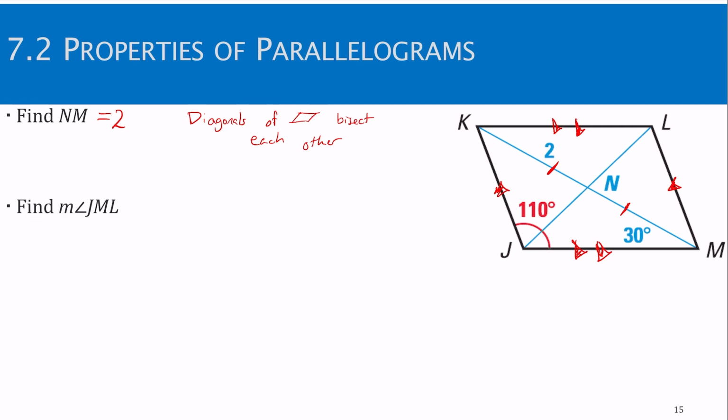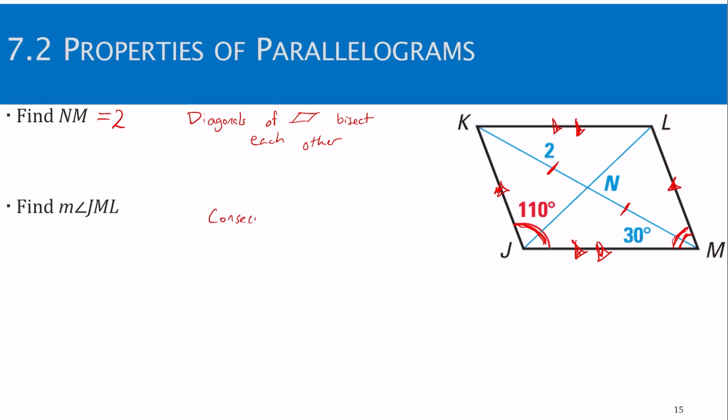Find the measure of angle JML. JML is this whole angle. A lot of students want to say it's 60 because 30 and 30, but that's not right. If we ignore the diagonals and just look at angle KJM and JML, the two angles at the bottom, they are consecutive angles.